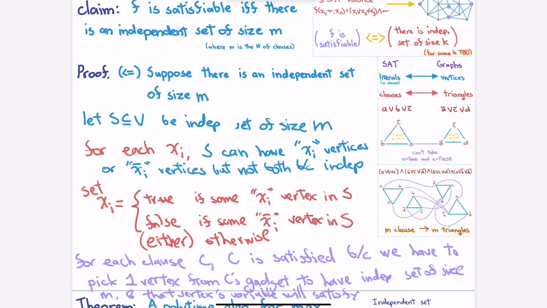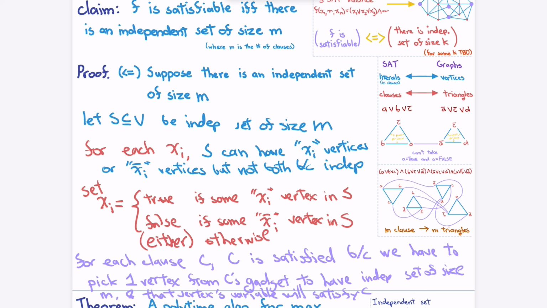Something like this. Okay. Again, this can also probably be done more elegantly and certainly more legibly. But it's the high level points I want to hit, right? You start with some independent set of size M. You explicitly construct an assignment, address some of these ambiguities. What if neither one appears? Point out that you can only have one or the other so that this is well defined.